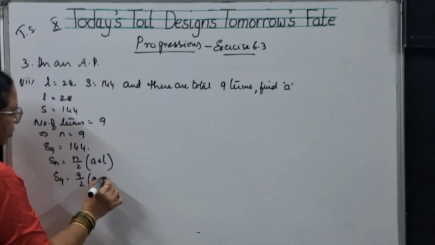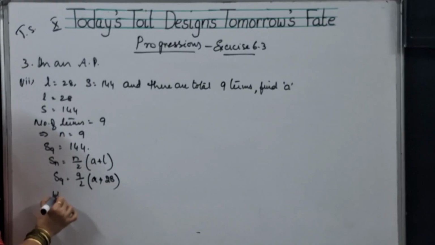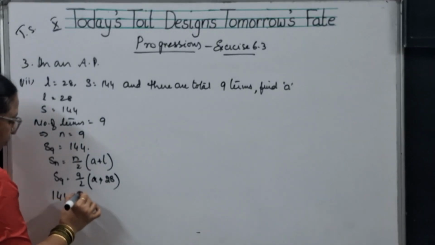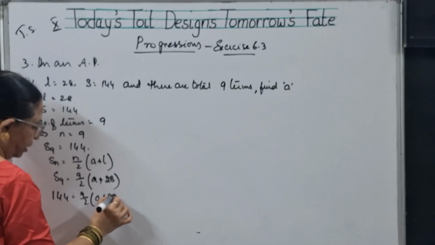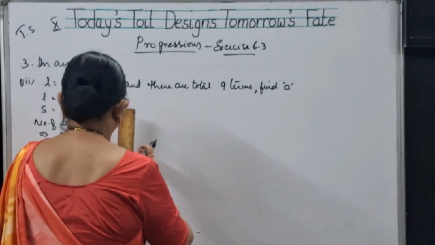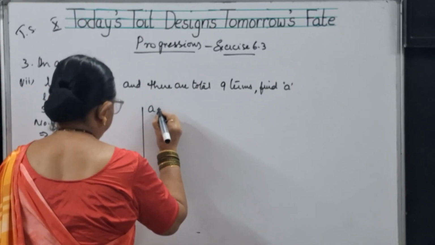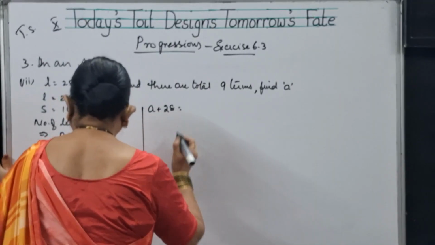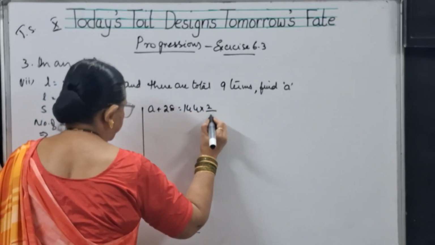What is the last term? 28. So S9 is 144, equal to 9 by 2 into a plus 28. So this can be written as a plus 28 is equal to 144 into 2 by 9.